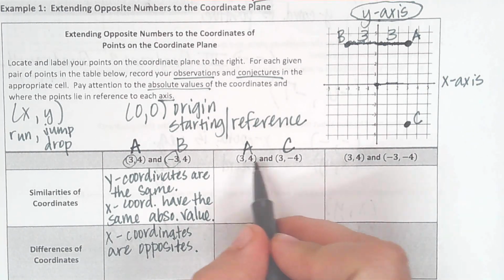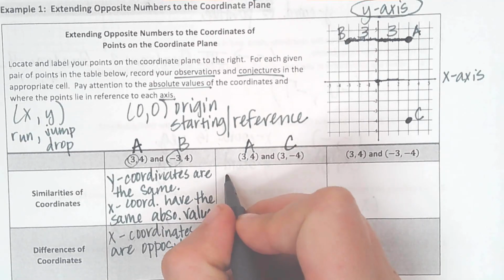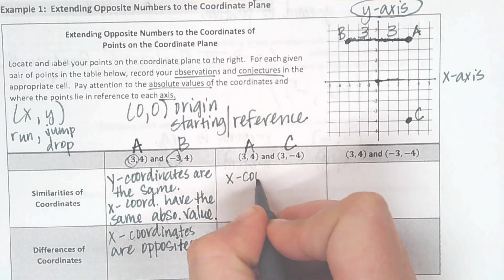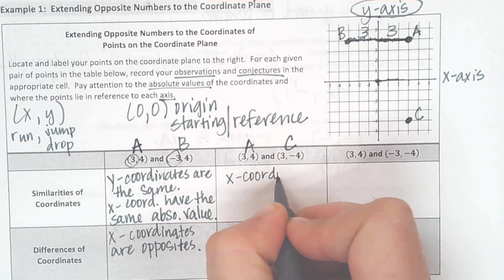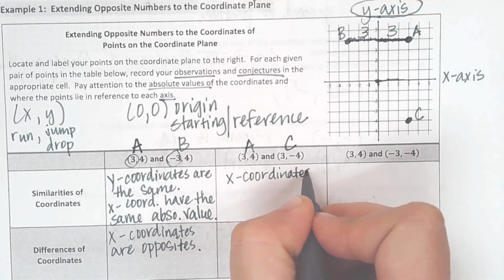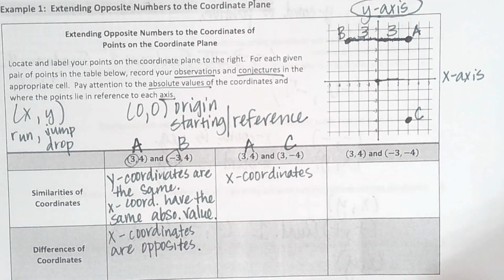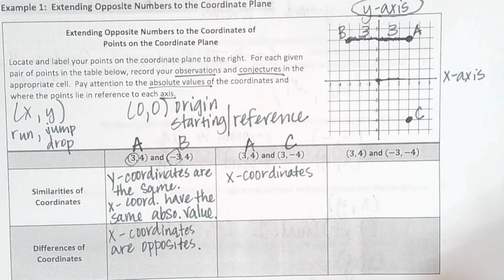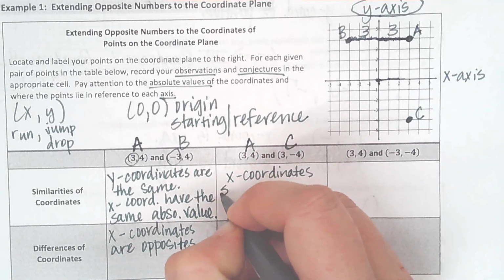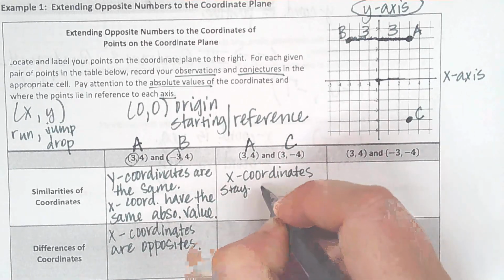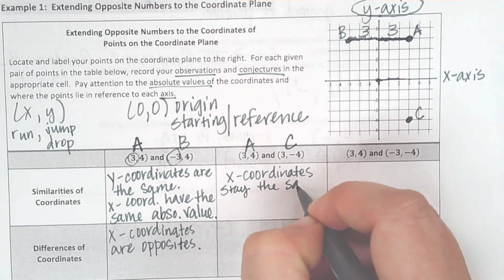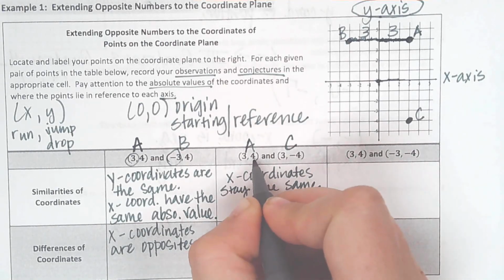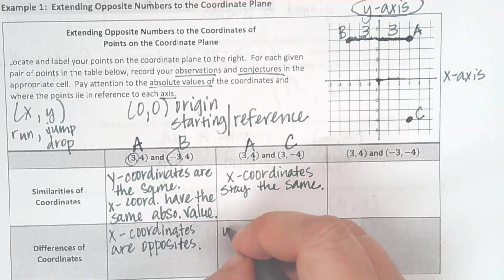So if I just look at the numbers, now what stayed the same? And what points are those? What coordinate is that? The 3's. X or Y? X. So the X coordinates stay the same. But this time our what's opposite?